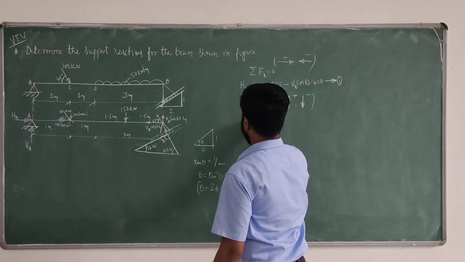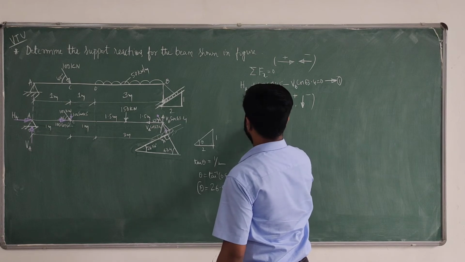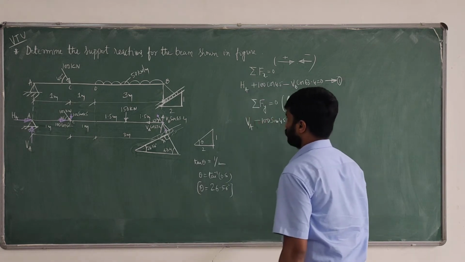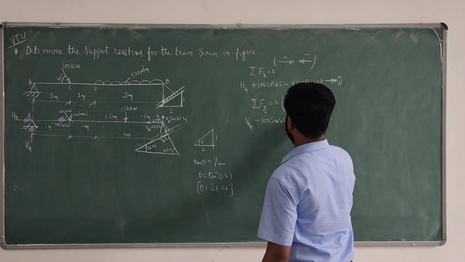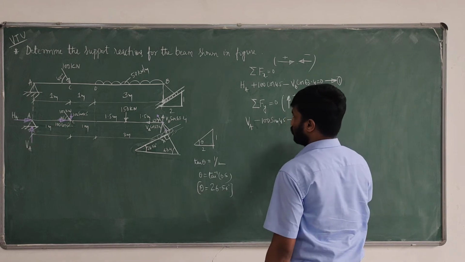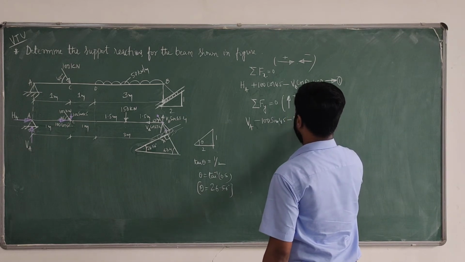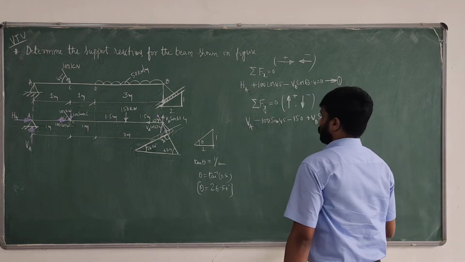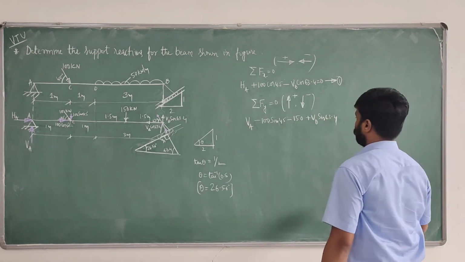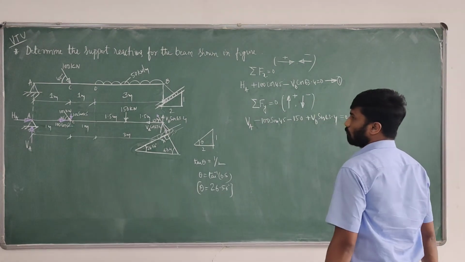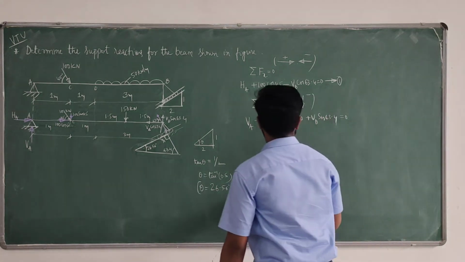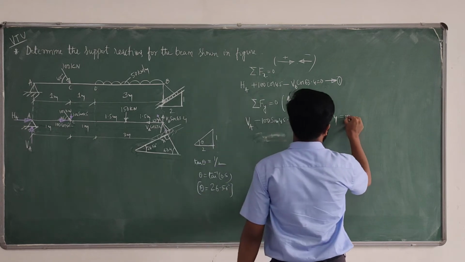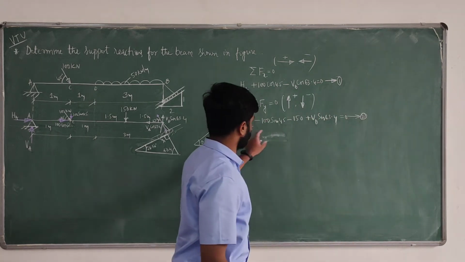So plus VA minus 100 sin 45 minus 100 sin 45 minus 150 and plus VB sin 63.4, equal to 0. Clear? So we are getting VA plus VB. Take this as equation number 2 because of two unknowns.